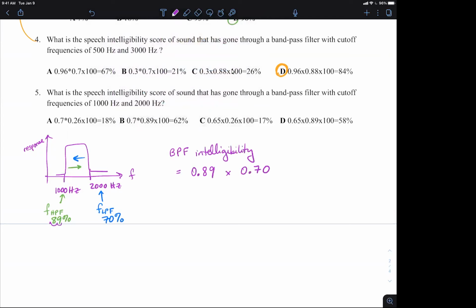So you can think of it as the sound goes through the high pass filter, which reduces the intelligibility to 89% of the original. And then that gets passed through the low pass filter, which reduces it to 70% more. And then you multiply it by 100 to get it back to a percentage. So we have 0.7 times 0.9 times 100. And it doesn't matter which order you multiply these in, either way is the same. Okay, hope that made sense and helps out.